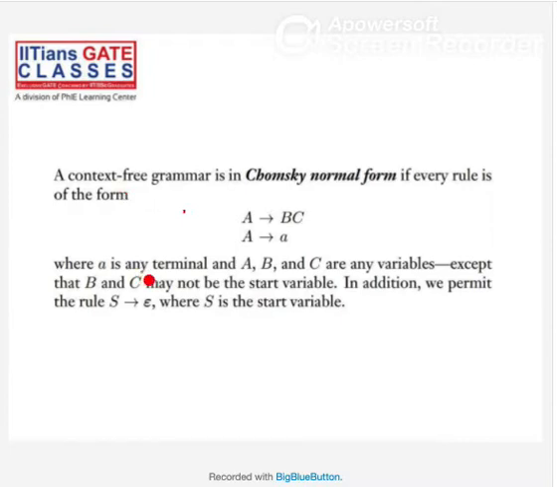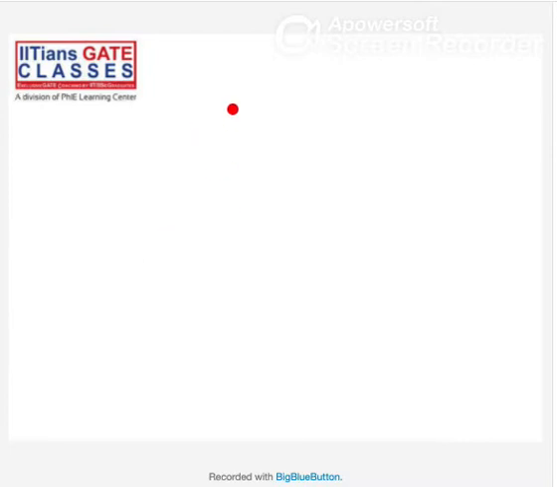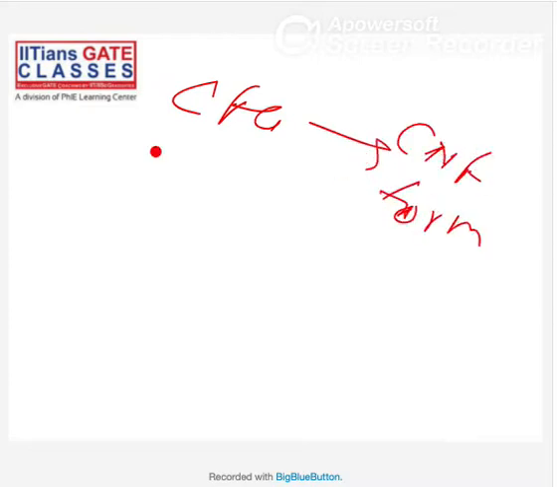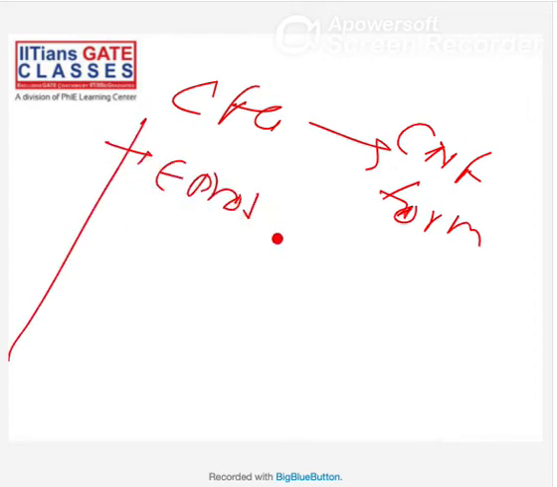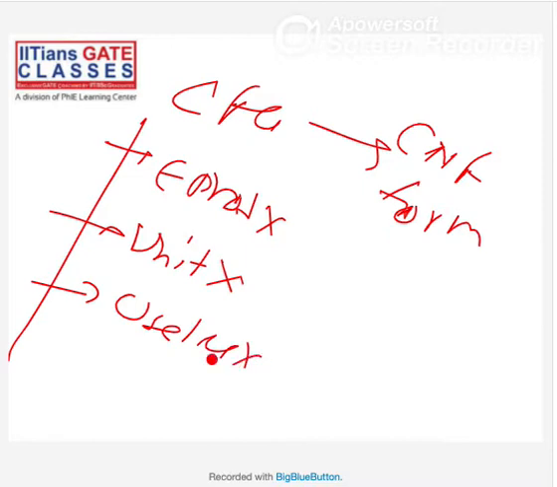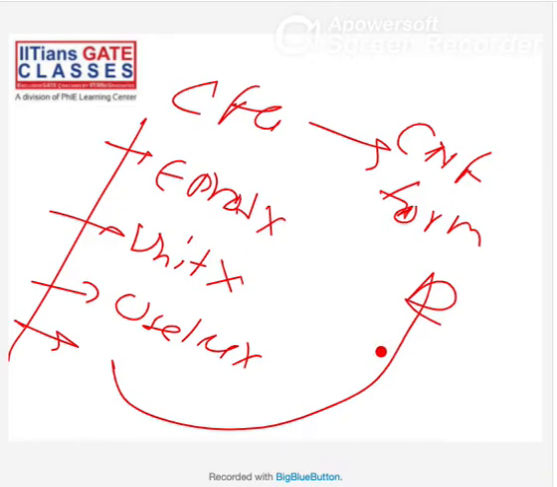So the procedure to convert a CFG into CNF form is like this: you will first apply removal of epsilon productions, then remove unit productions, then remove useless symbols. And after that, you will apply the transformation into CNF. So first you need to do these things.